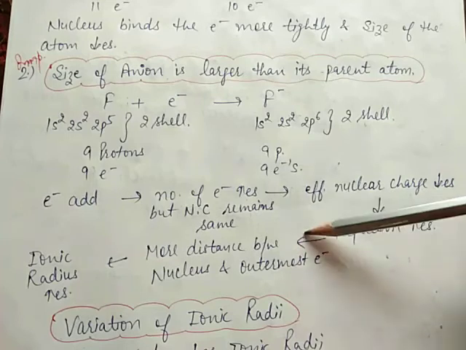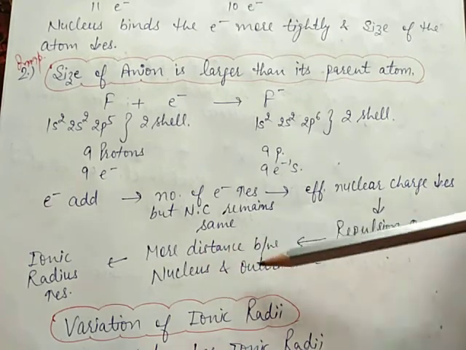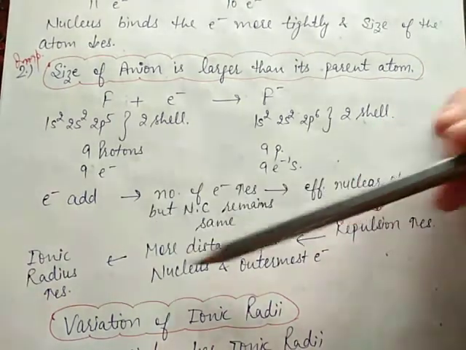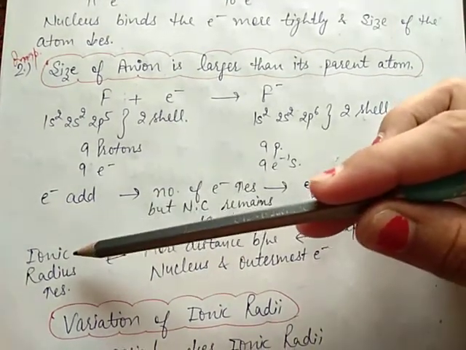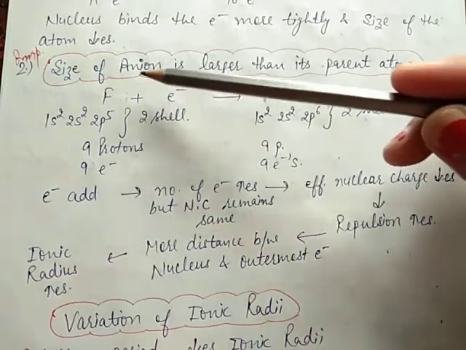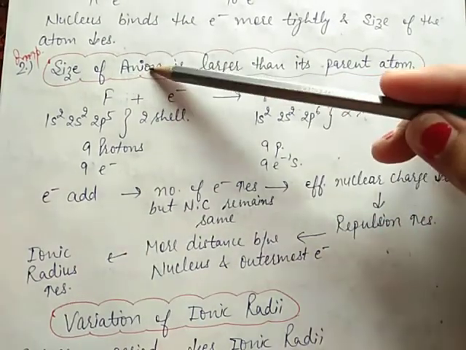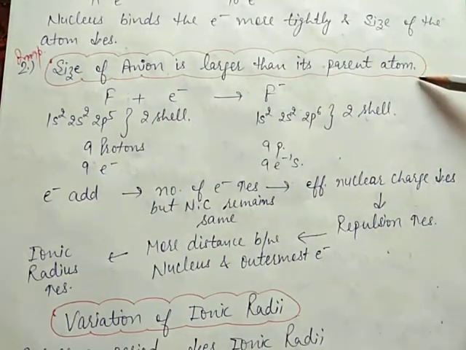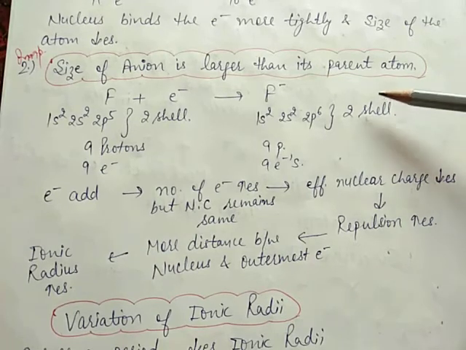If the force of attraction is weak, then the distance between the nucleus and the outermost electrons is more. Due to this, the ionic radius also increases. That's why the radius of an anion is always larger than its parent atom. So this is the answer.